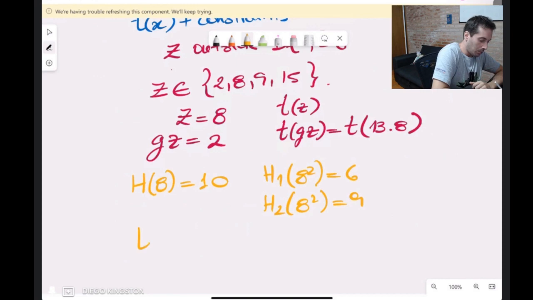And the trace polynomial at 8 is simply 16, and the trace polynomial at 2 is simply 14.